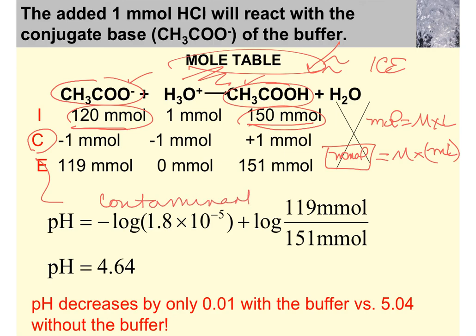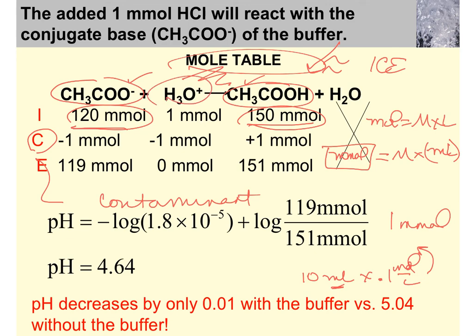Okay, and again, everything has to be in moles. So remember, we had 10 milliliters of a 0.1 molar solution of HCl, right? So that tells us, if we keep it in milliliters, we have 1 millimole of HCl or H3O+.